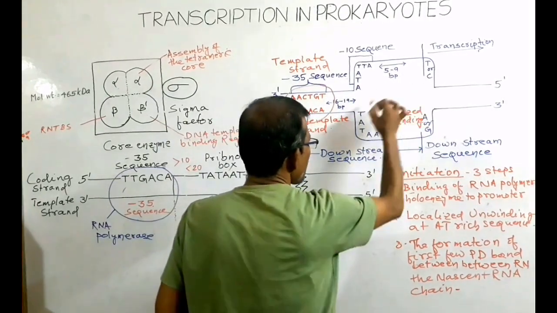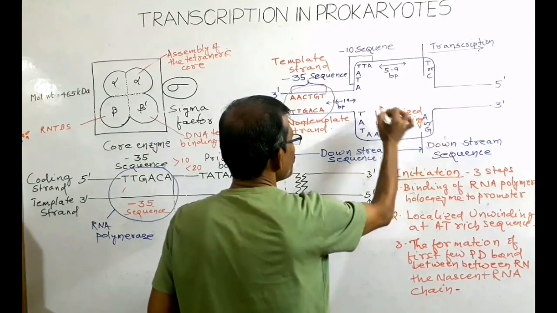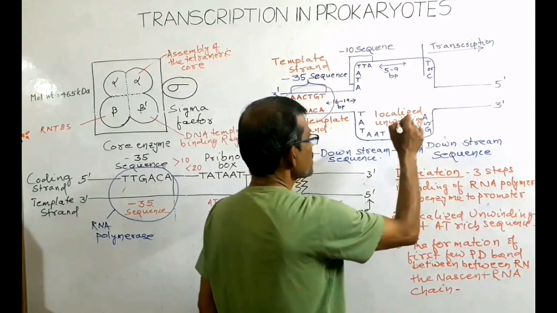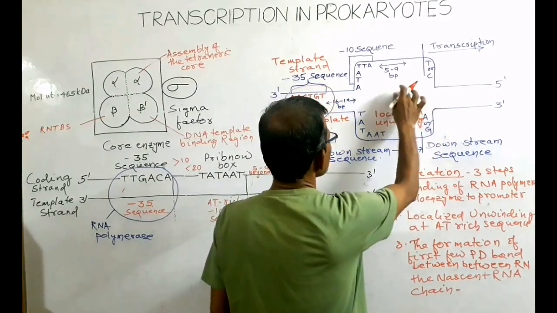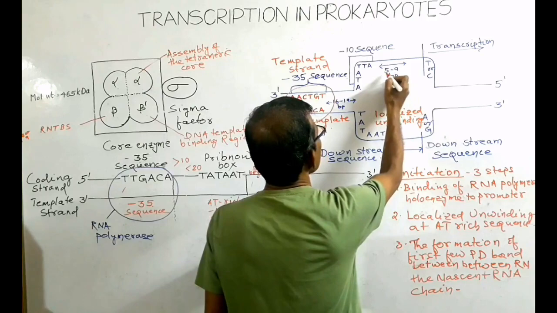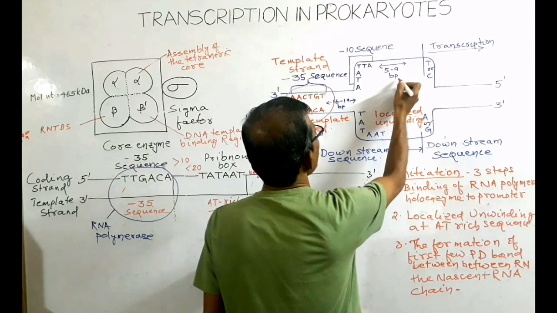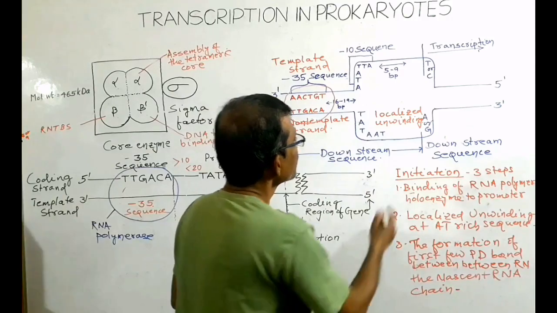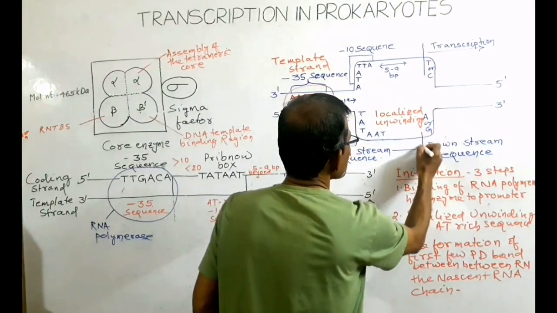So there is localized unwinding, and this transcription bubble has been formed. The process of transcription is initiated at a distance of 5 to 9 base pair beyond the AT rich sequence. So friends, this is the transcription start site.